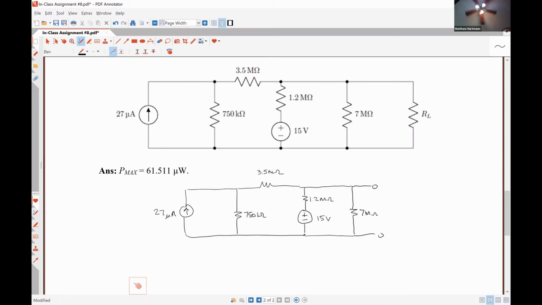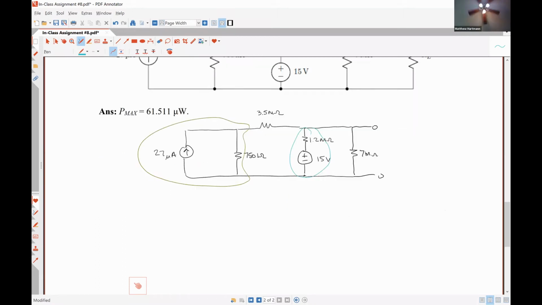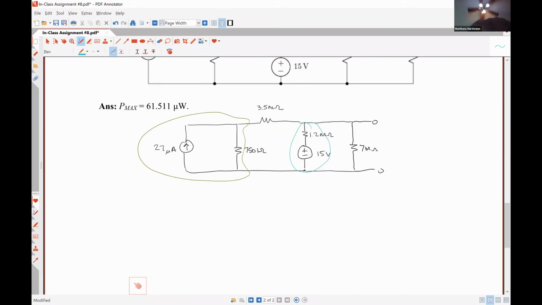Microamperes. So we have a practical current source here, and we have a practical voltage source here. So do any of you guys have any idea what steps we should take?